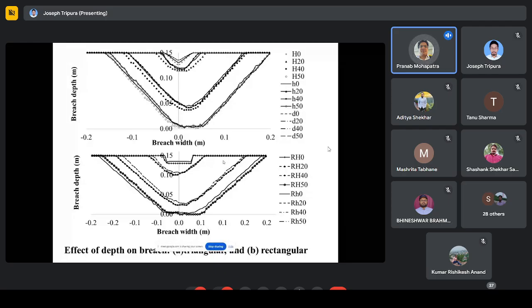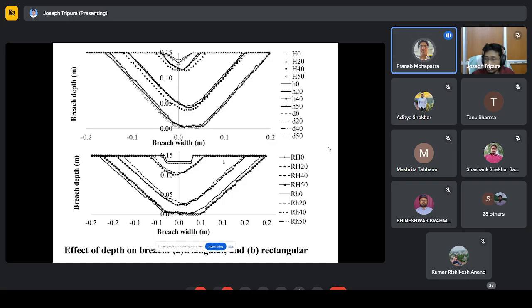And the below figure is for the rectangular thing. Once again, if you see the last set of lines, those are same. That means whatever shape and size you take, eventually the end result will be same. But note what I said in the beginning, phase 1 and phase 2 are not less important. They are equally important.